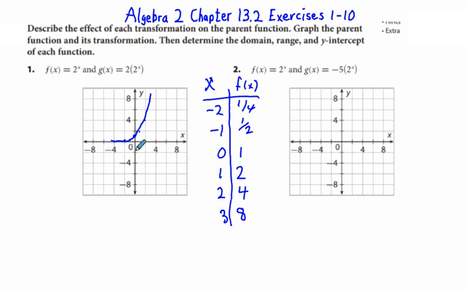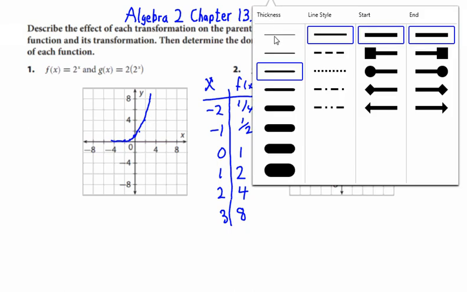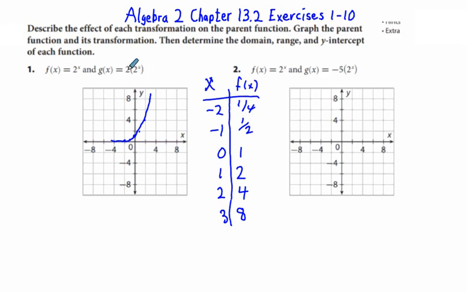Okay, that's pretty good. And as far as the other one, I'm going to make a red one here for the transformation. What we're doing for this one is we have a 2 outside, that's our initial value. I'm going to write g of x right next to f of x.